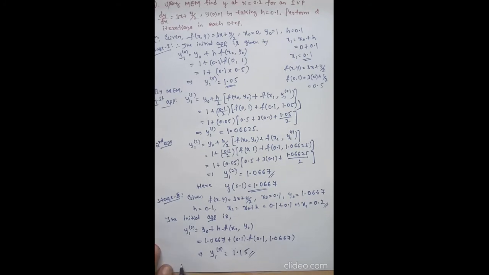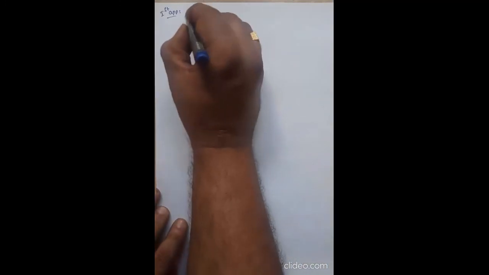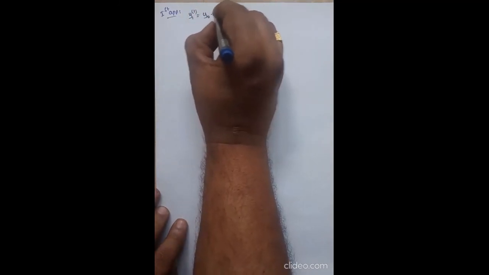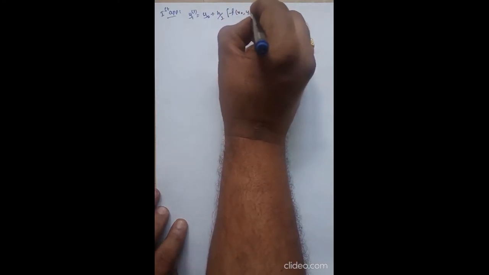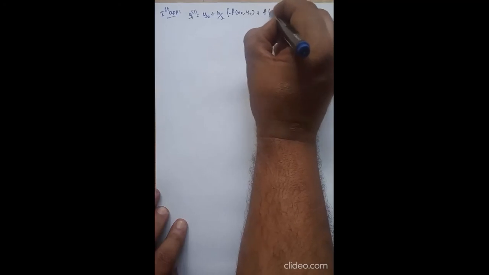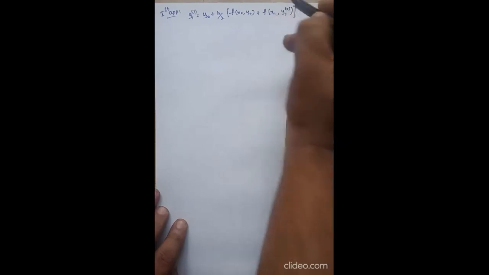By MEM, modified Euler's method, we find the first approximation now. The formula you already know: y1 power 1 equals y0 plus h by 2 times f of x0 comma y0 plus f of x1 comma y1 power 0.